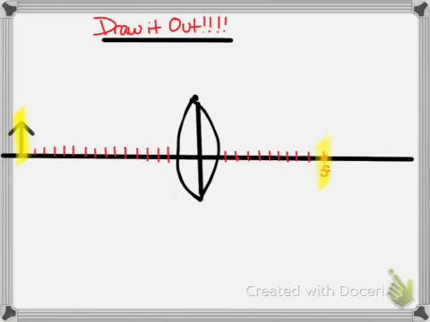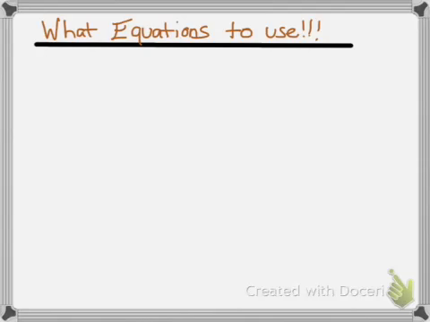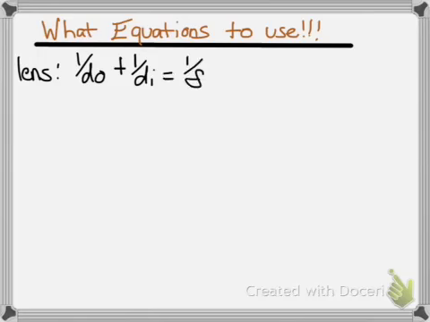I can't do anything more yet, because we have to find the magnification and the distance of the image. So let's use the equations. Of course you have to use the lens equation: 1 over dO plus 1 over dI is equal to 1 over f. And your magnification is m equals hI over hO equals negative dI over dO.